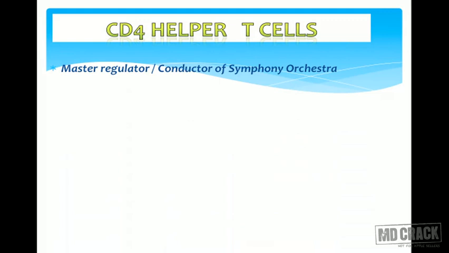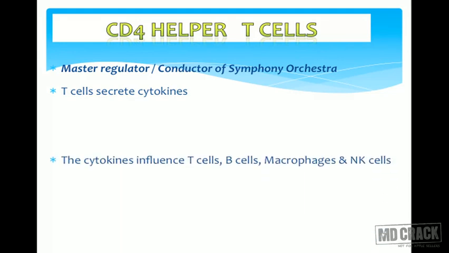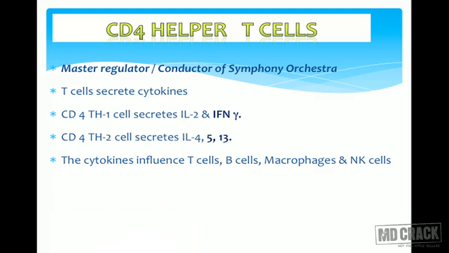Remember, the CD4 T helper lymphocyte is the master regulator, also called the conductor of the symphony orchestra. This is the one which is capable of secreting so many cytokines, and that is the one which gets hampered mainly in a patient with HIV and AIDS. Again, two subsets of T helper lymphocytes: CD4 T helper 1 lymphocytes secrete interleukin 2 and interferon gamma. Interferon gamma, as I told, is a very important chemotactic factor, an attractant for the macrophages.